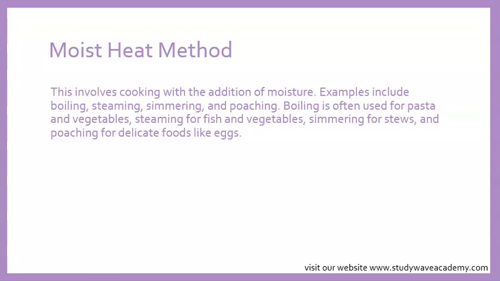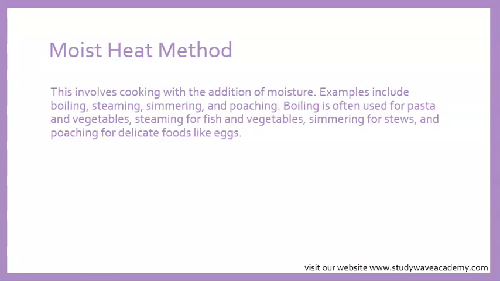Examples include boiling, steaming, simmering, and poaching. Boiling is often used for pasta and vegetables, steaming for fish and vegetables, simmering for stews, and poaching for delicate foods like eggs.